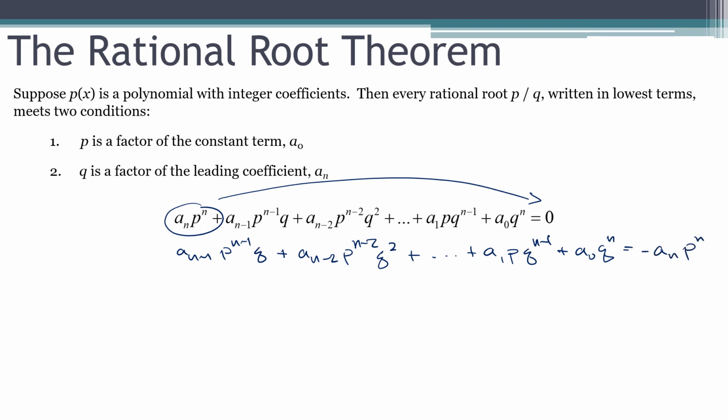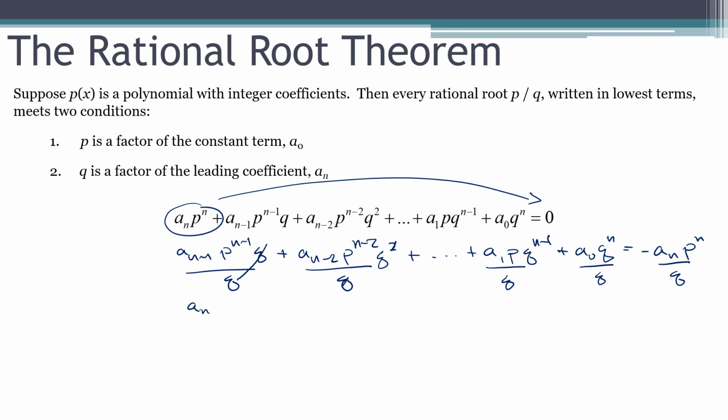Now, I'm going to use the exact same trick, the exact same technique. I'm going to divide both sides by q this time. And look at what happens on the left. Stuff starts to cancel.